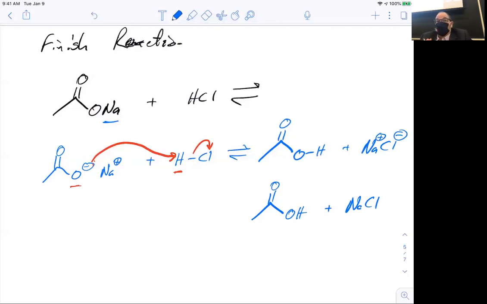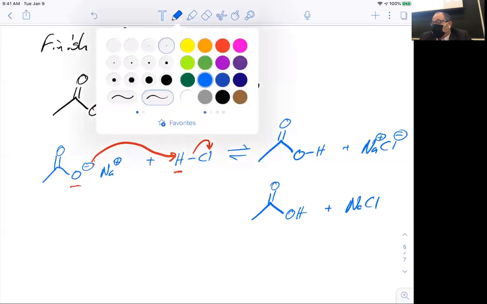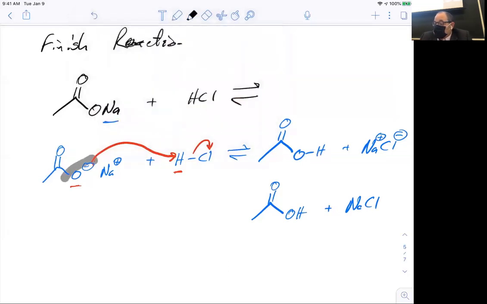Now, if we look at this one, let's take it further. I just asked you to finish the reaction, but let's take it further. Is this reaction going to proceed forward or is it going to proceed backwards? If we look at it, it's going to proceed forwards, right? Because what am I actually comparing here?